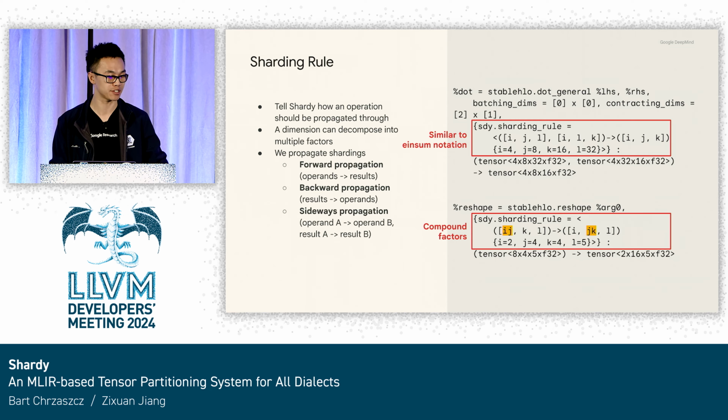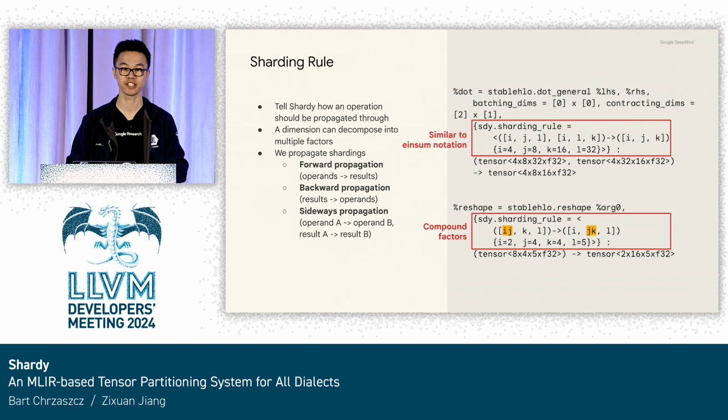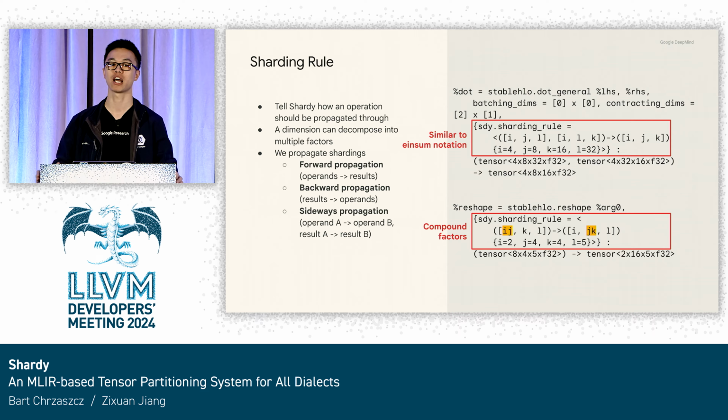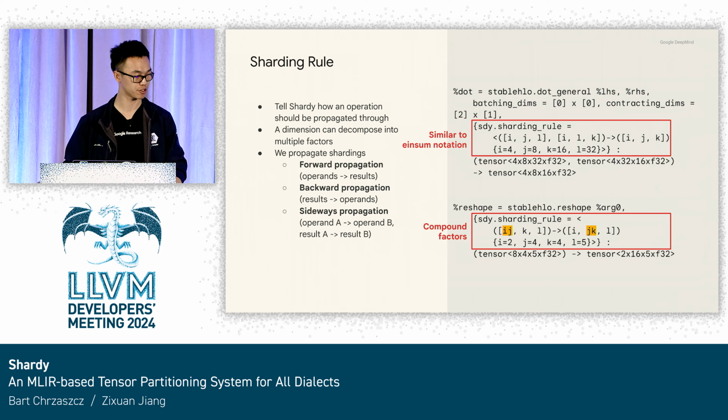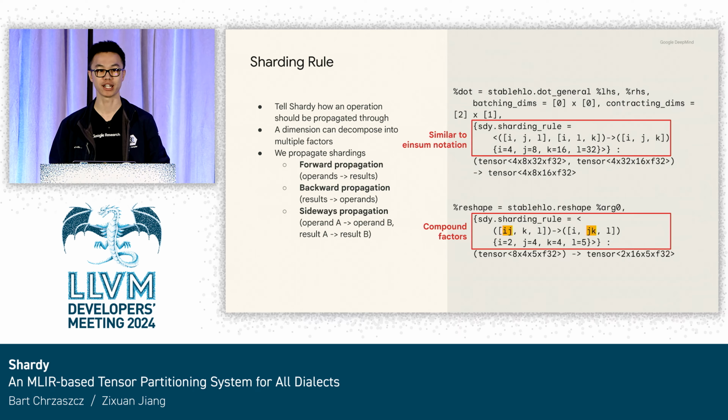We can use this annotation to define the batch dimensions, non-contracting dimensions, and the contracting dimensions easily. And it's easier to visualize, as shown in the next section, how we propagate the shardings along the factors. This sharding rule just provides a visualization of this sharding relationship.